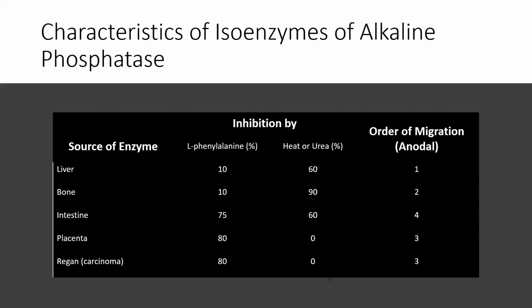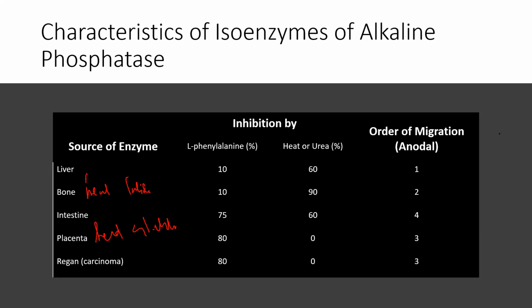Okay? Again, these are the source of enzymes no ng ating alkaline phosphatase. Again, si bone, siya yung heat labile. Pag sinabing heat labile, sensitive siya dyan. Si placenta yung heat stable natin. Okay? Inhibition by L-phenylalanine, 10% for bone, 75% for intestine, 80% for placenta.